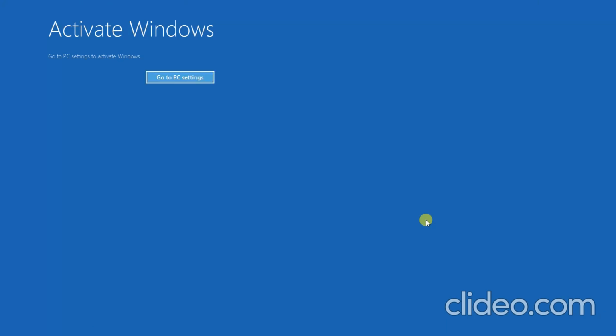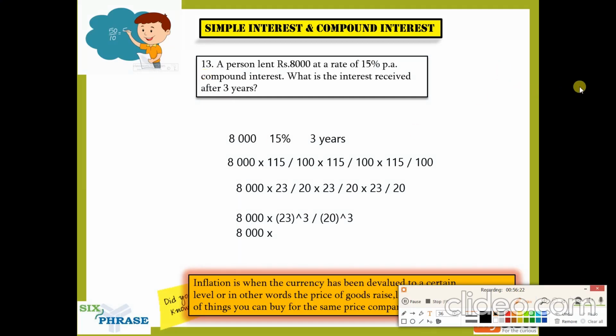Just a minute, guys. 23 whole square is 529 and 23 whole cube is 12167. So this is actually 12167 divided by 8,000.